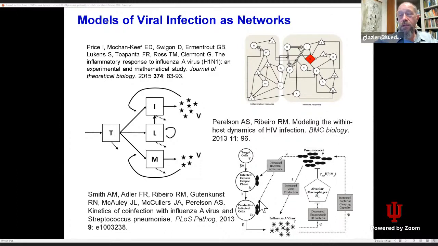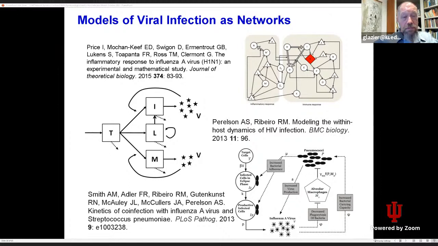There also have been models trying to ask the question, what happens when you have two viruses at the same time, or what happens when you have a virus and a bacterium at the same time? This was a model by Perelson and Smith, which looked at what happens when you have both bacterial infection and viral infection at the same time.